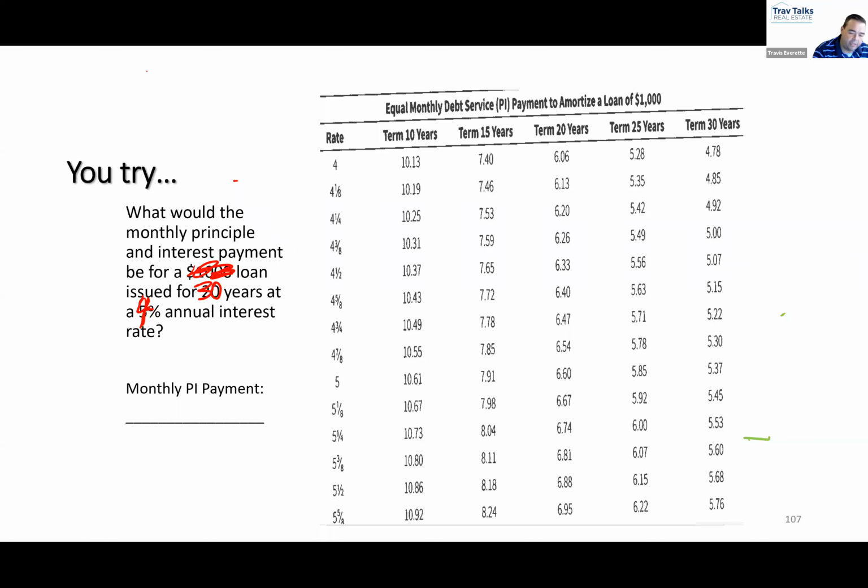And let's say this is a $247,000 purchase at 75% loan to value, and I want to know the monthly payment. So a $247,000 purchase sales price at 75% loan to value, and the loan is issued for 30 years at a 4% annual interest rate.